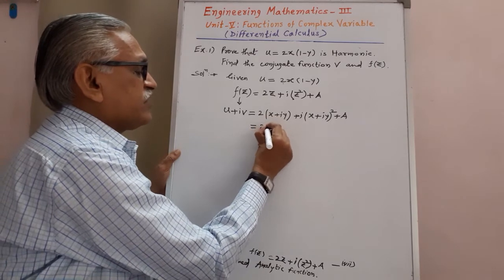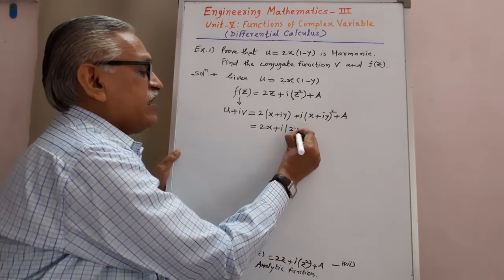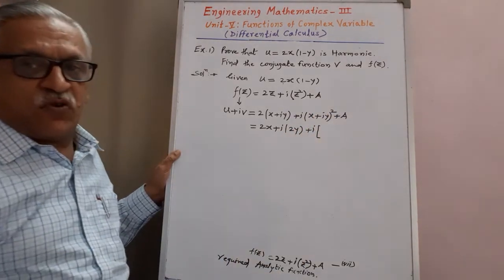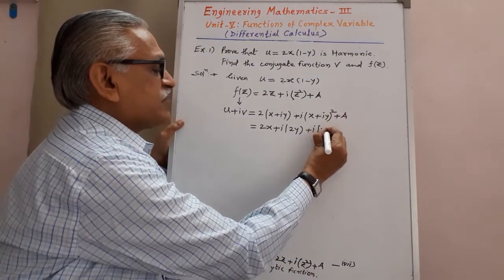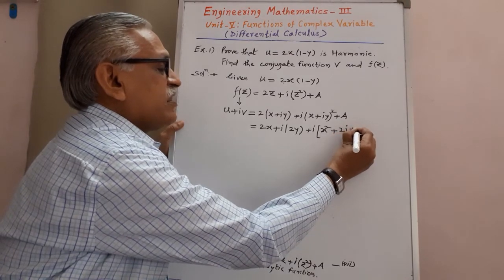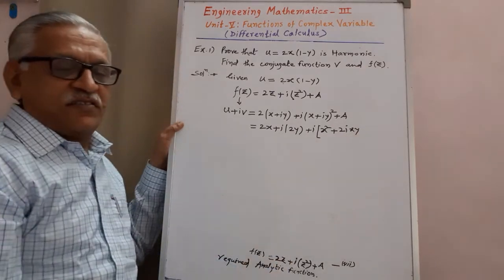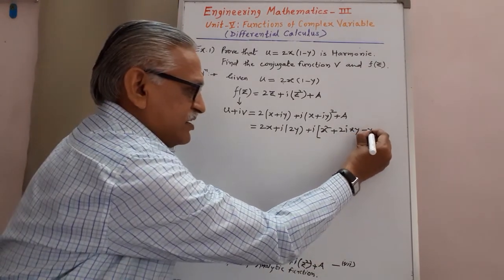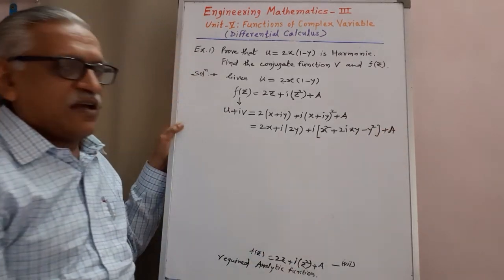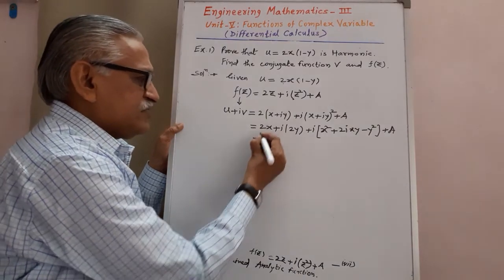We have the terms 2x plus i times 2y plus i times, expanding this by (a plus b) whole squared: a squared means x squared, twice ab means 2 times i xy, and b squared is i squared y squared. The value of i squared is minus 1, therefore it becomes minus y squared, plus constant A. And then separating real and imaginary terms.